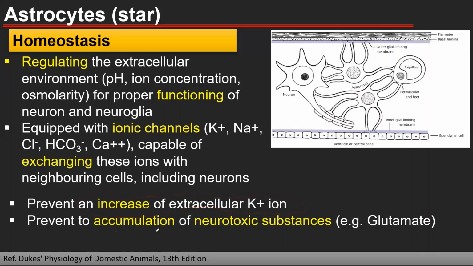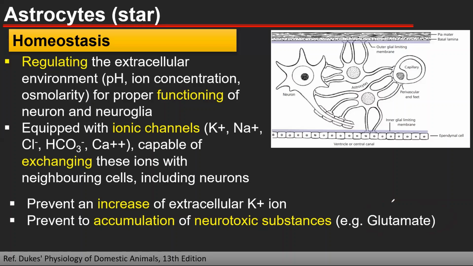And it also prevents the accumulation of neurotoxic substances, for example, glutamate. Glutamate is a neurotransmitter. If the neurons release glutamate as a neurotransmitter more than the physiological level, then glutamate becomes toxic to the neuron. So the astrocyte takes the glutamate from the extracellular fluid, from the area where the glutamate is increasing, and metabolizes it to glutamine.